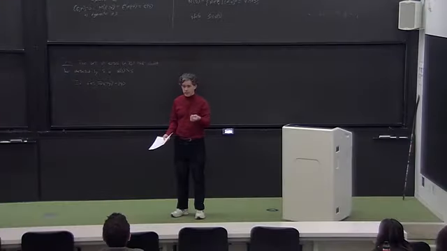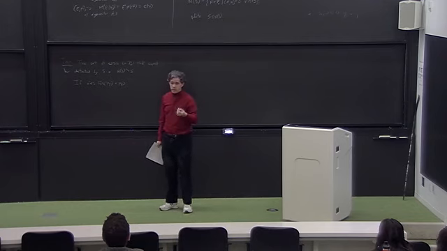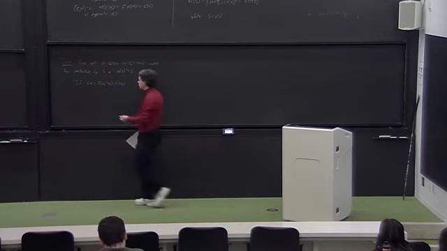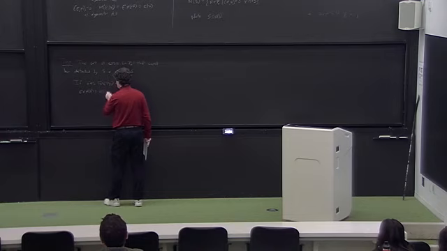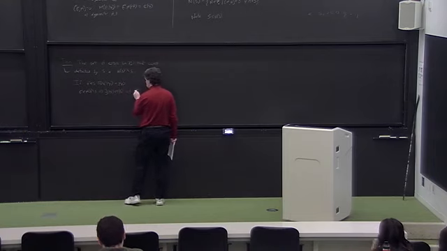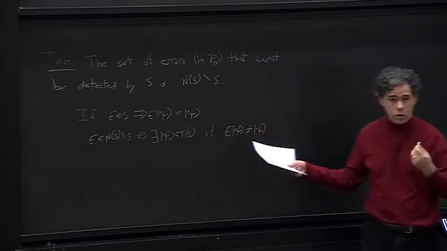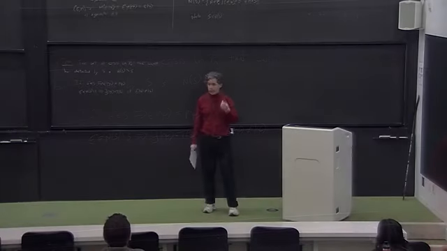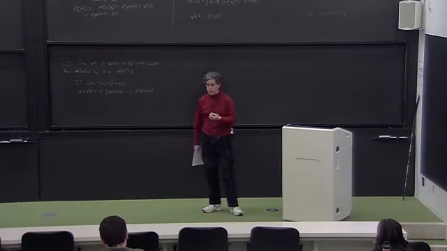And therefore, it's only the things in N of S minus S, that means that there's some psi for which this is not true. So here's a state in the code that gets changed by this operator, but nevertheless, the operator cannot be detected from the error syndrome. So that's a real error that's undetectable. Okay? And so those are the things we need to avoid.